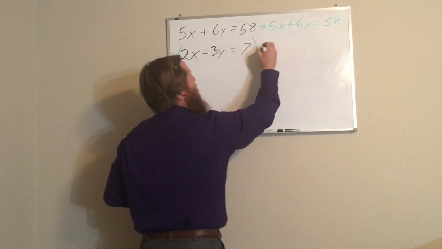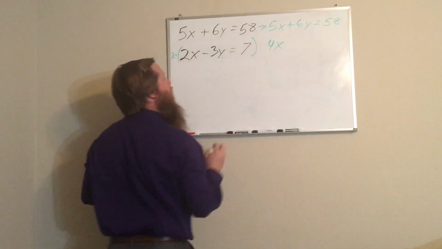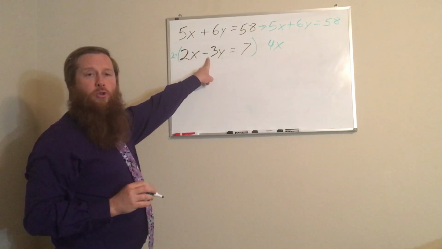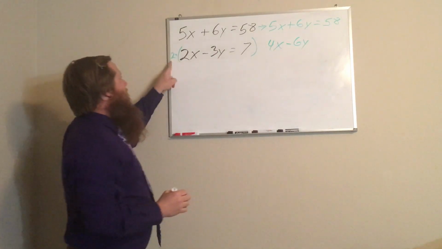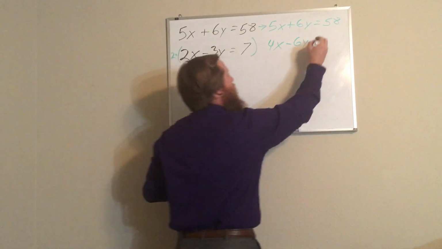2 times a 2x is 4x. 2 times negative 3y is negative 6y. And 2 times 7 is 14.